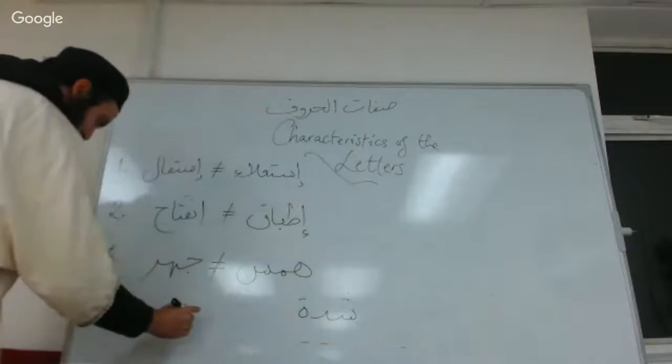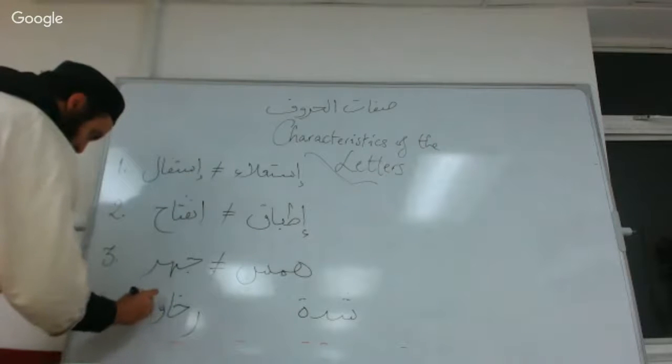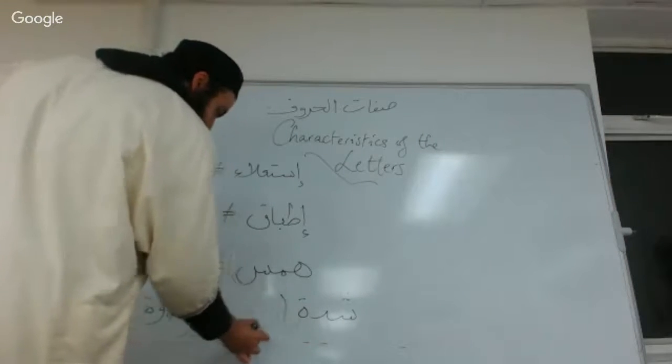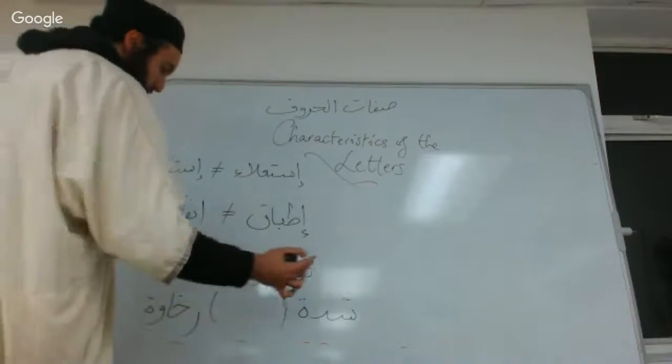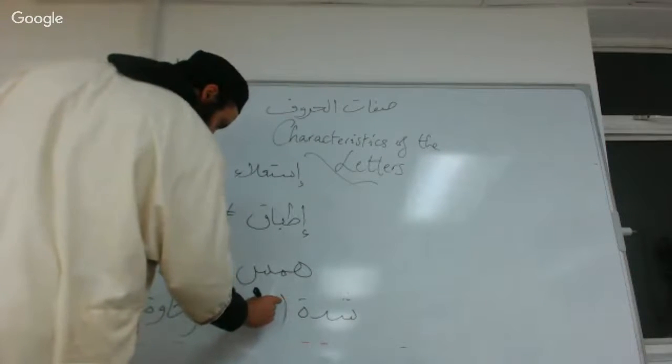Its opposite is rakhawa. And you have a middle state. This is why it's different. You can call it wasatiyya or bayniyya, doesn't really matter. But the point is, it's neither that or that. It's in the middle.